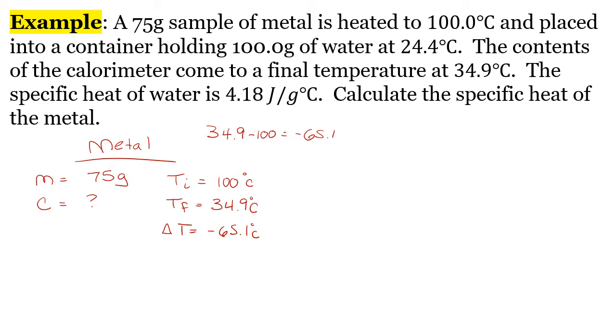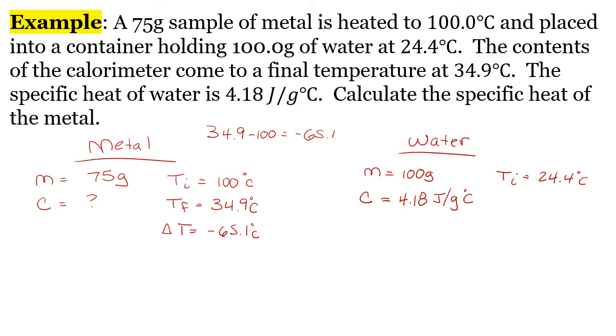All right, our water. The mass of our water is 100 grams. The specific heat of our water, given in the question, is 4.18 joules per gram degree Celsius. The initial temperature of our water is 24.4 degrees Celsius.